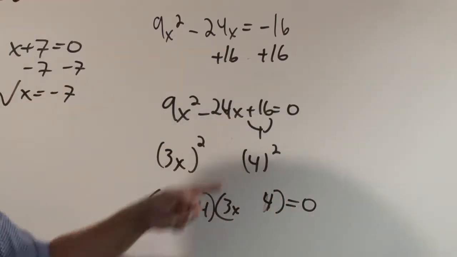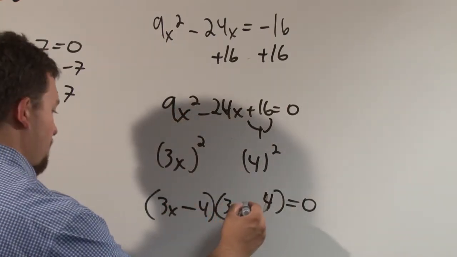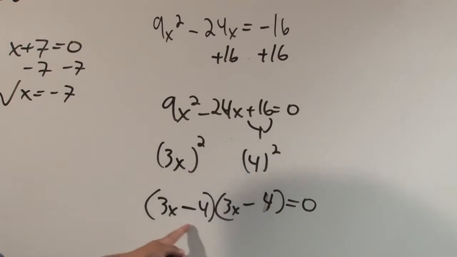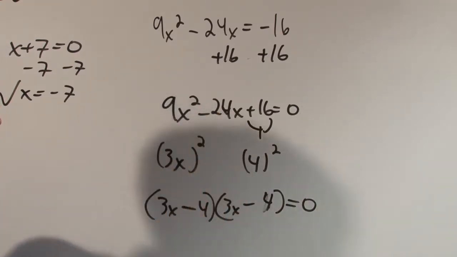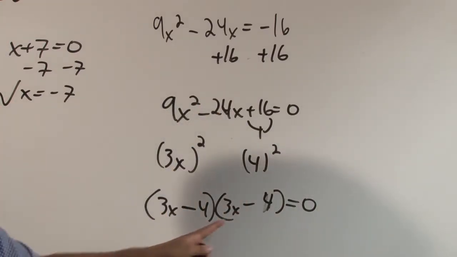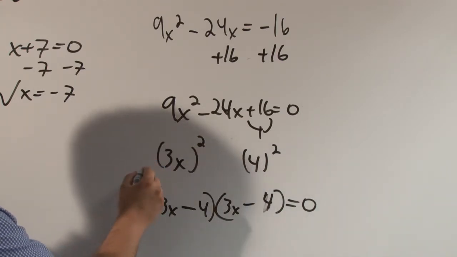Well, they have to multiply to a positive, but they have to add to a negative, which means that I need a negative on both of them. So the multiplication will give me the positive 16, a negative 12x, and another negative 12x for the negative 24x. And lastly, the 3x times 3x is 9x squared. So yes, this works.